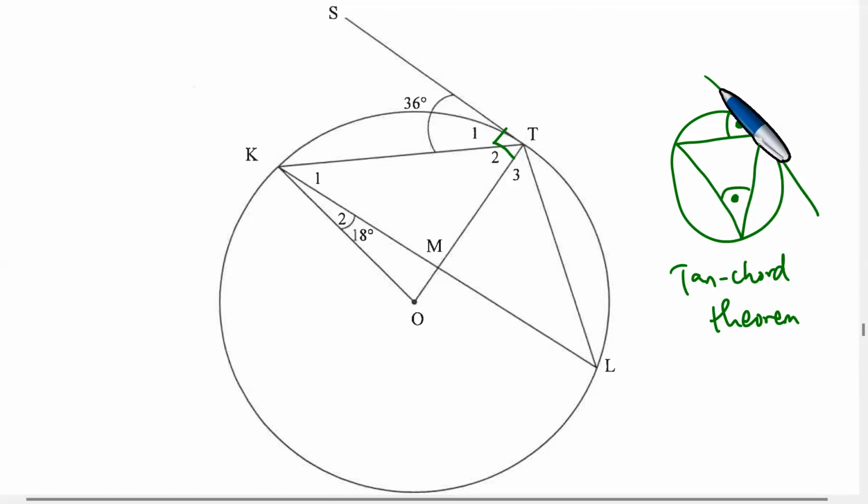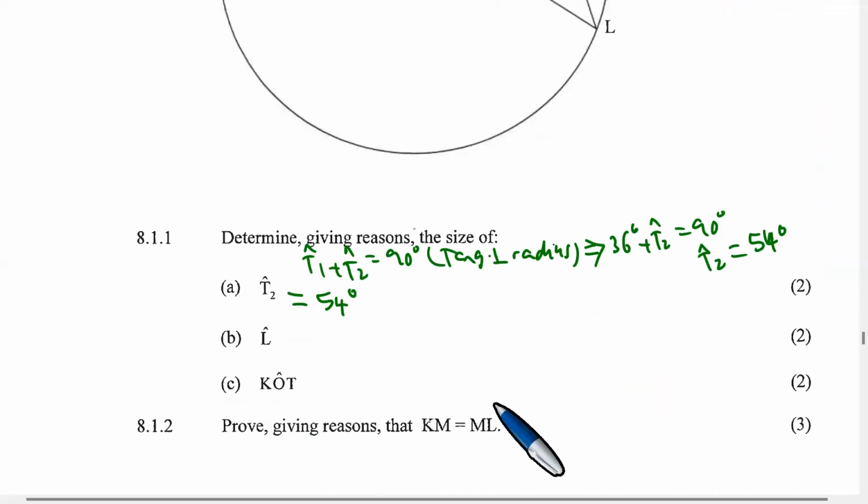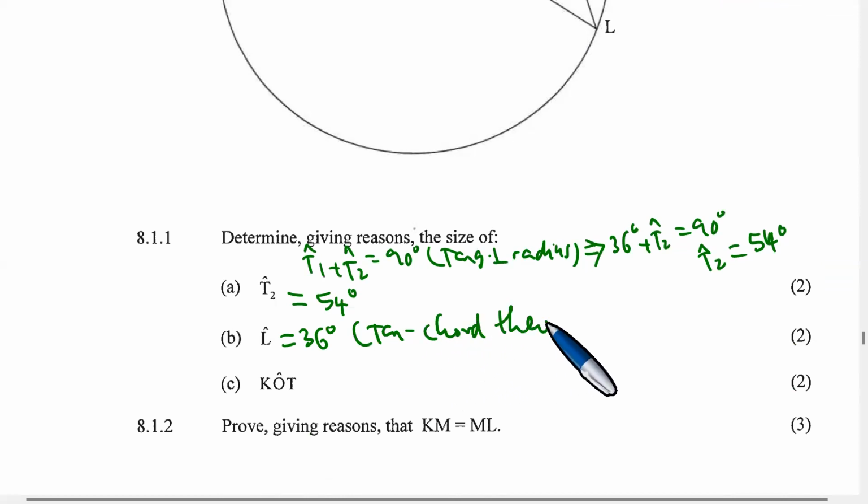The angle between a tangent to a circle and a chord equals the angle subtended by this chord at the circumference. So this chord will subtend the same angle that is made by the tangent and the chord, which is 36 degrees. So angle L is equal to 36 degrees. The tan-chord theorem.